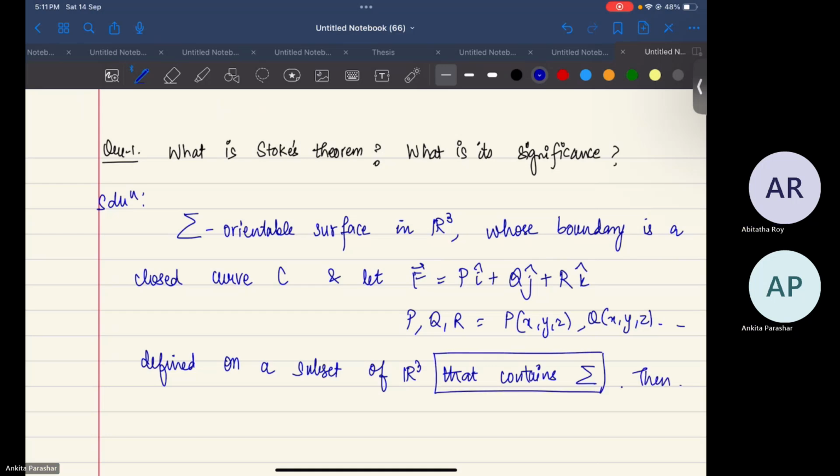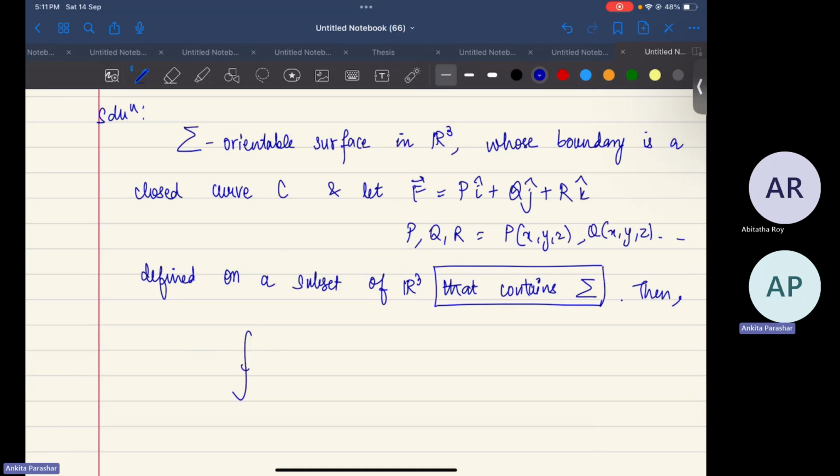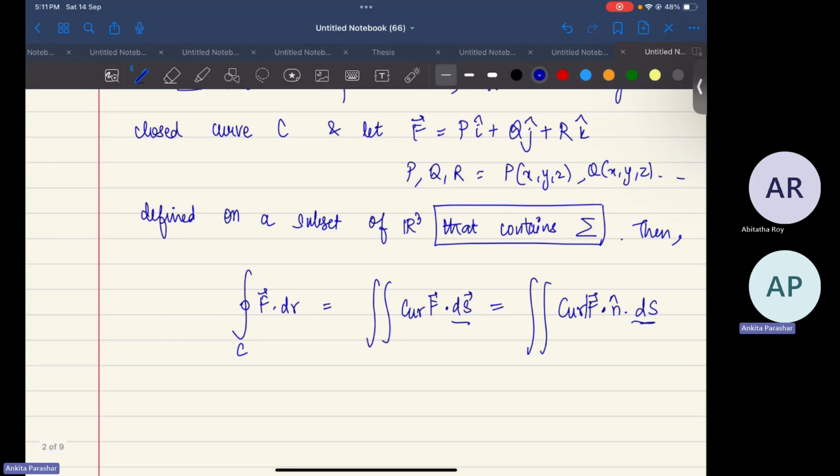Then the line integral of F dot dr over C is the same as the surface integral of curl F dot dS, or we sometimes write this as curl F dot n dS. This is a vector, this is not a vector, there is a difference. Sigma is that surface.